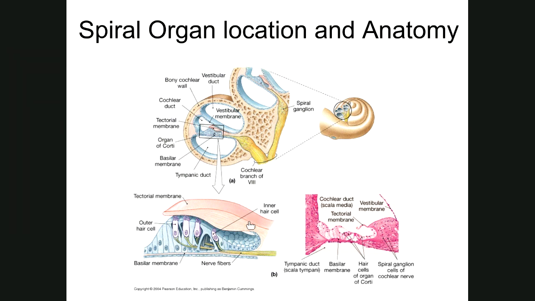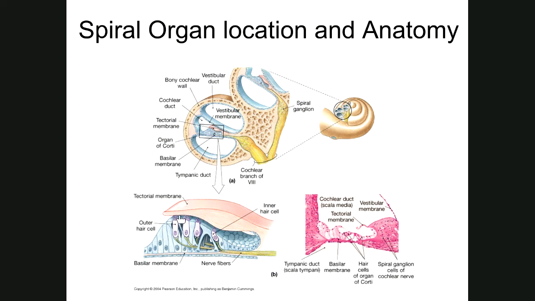It says it's comprised of a lawn of hair cells, and check it out, there are the hair cells, which have their hairs embedded in a long gelatinous sheet called the tectorial membrane, T-E-C-T-O-R-I-A-L membrane. That goes all the way down that spiral.